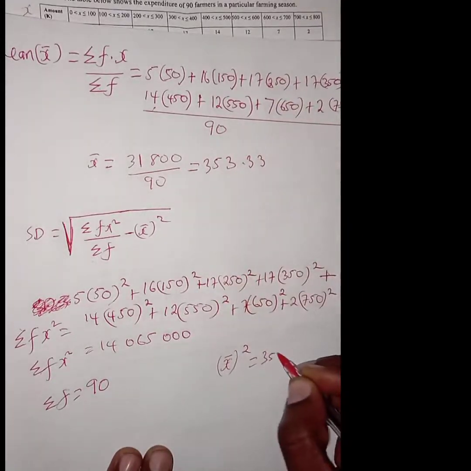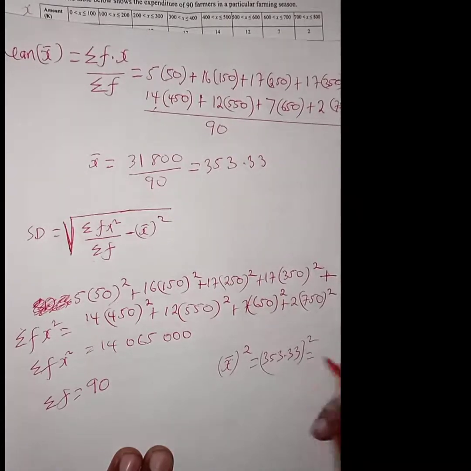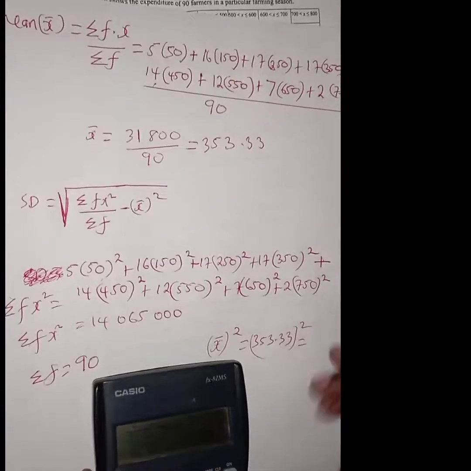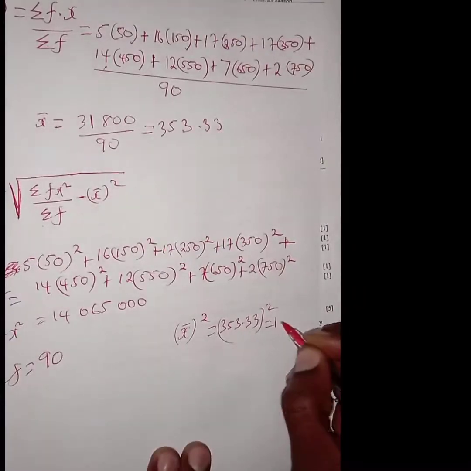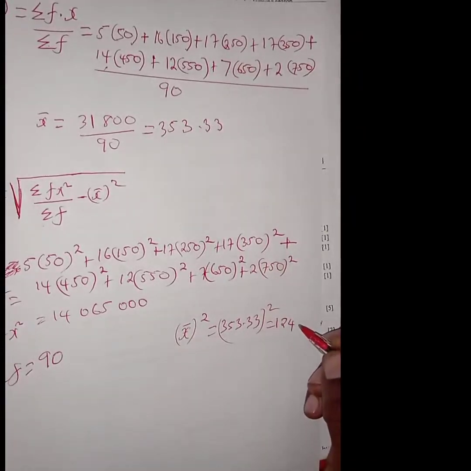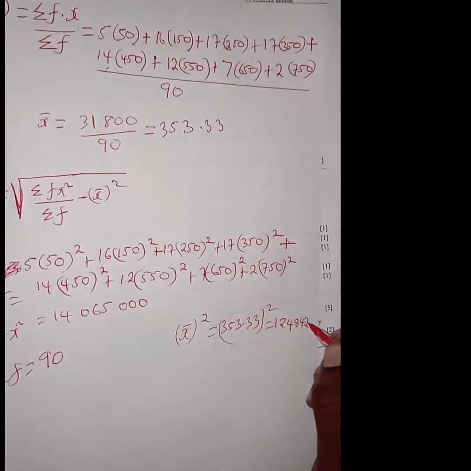So 353.33. You square, right? What are you going to get? 353.33 square. So you're going to get 124,842.